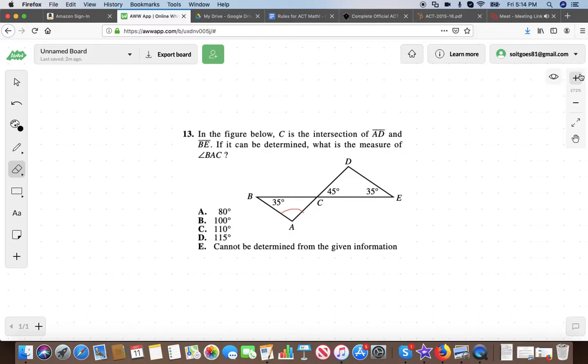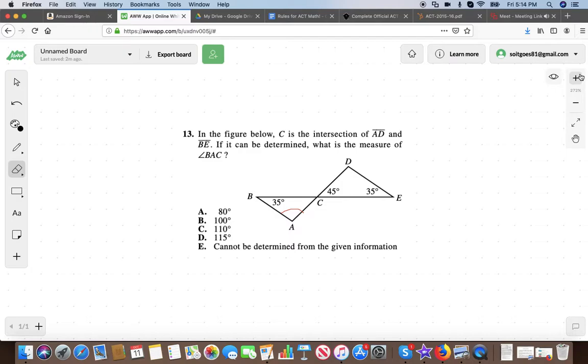If you're going to guess, take a look at angle BAC. Don't even worry about the answer choices right now. If you're going to guess how many degrees that angle is, what would you guess? Probably 100, right? I mean, it's bigger than 90, right? Yeah, just a little bit bigger.